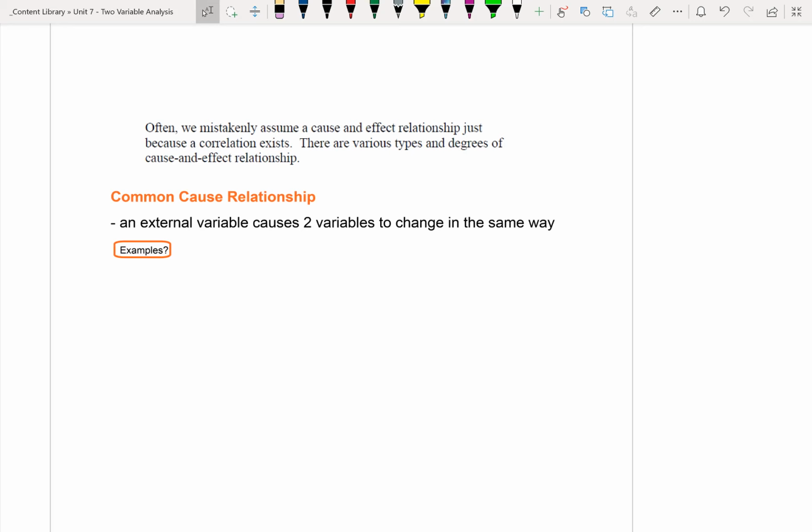So first one, a common cause relationship is when there is an external variable that causes two variables to change in the same way. So say for example, something like the price of lettuce and tomatoes drastically rise.